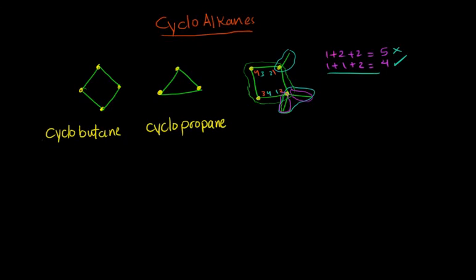So now what is just left for us is to write the name. So this branch is methyl, and these two branches are also methyl. So let's just name this. What are the branches? We have 1, comma, 1, comma, 2, dash.